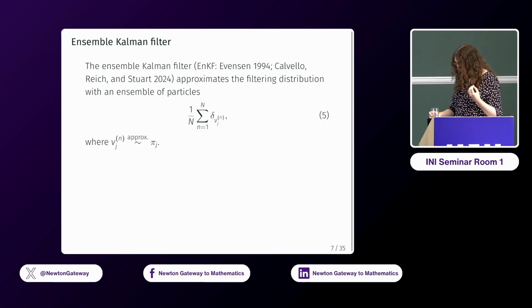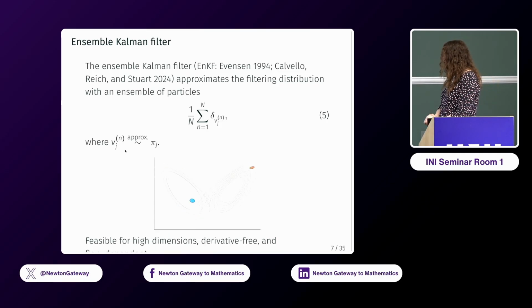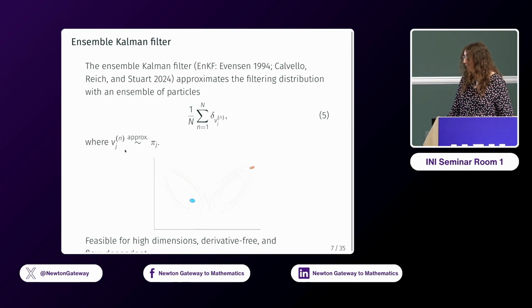We can estimate the time varying uncertainty in the system using this ensemble. Why is this attractive? It's feasible for high-dimensional systems. It's a derivative-free method, and it has this flow-dependent uncertainty that we care about.